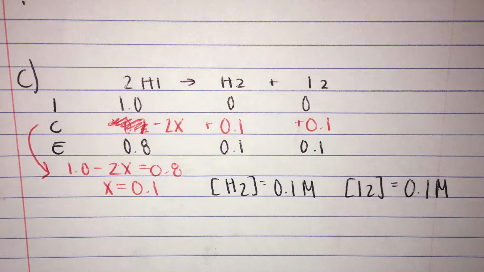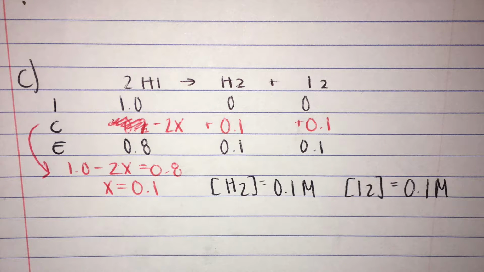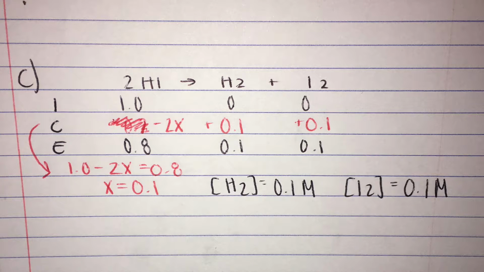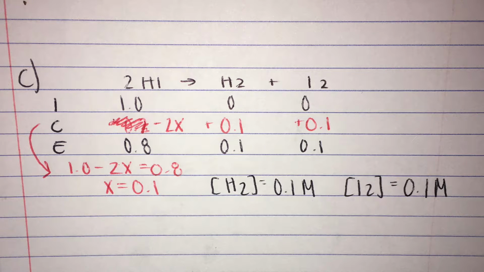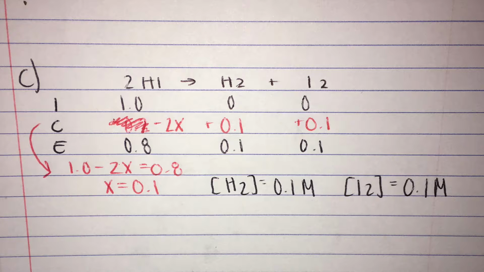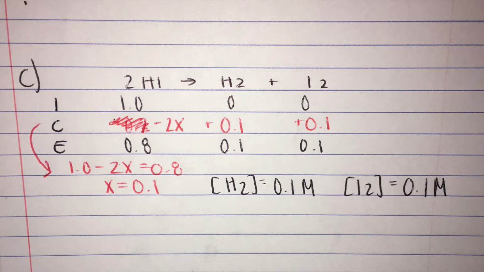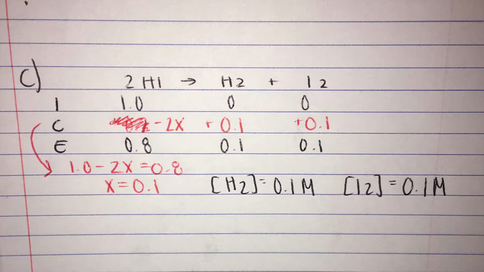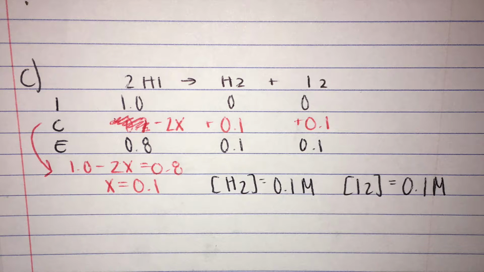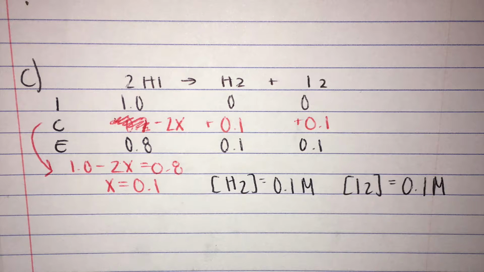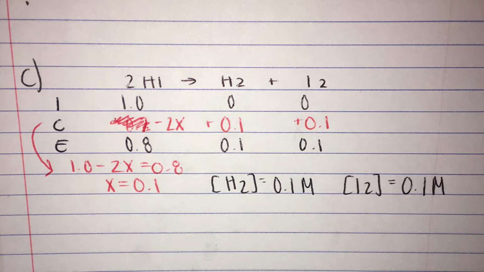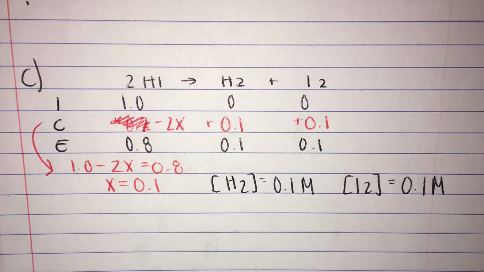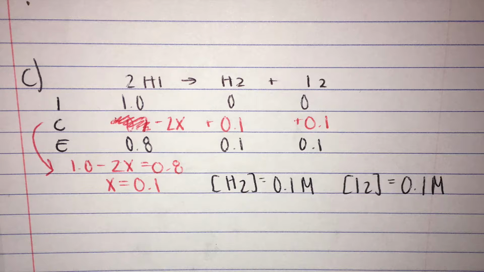Next, we want to find the change. Since there's a coefficient 2 in front of HI in the balanced equation, the concentration decreased by 2x. Since we know the equilibrium concentration of HI, we can solve for x. The initial concentration of 1 minus 2x equals the equilibrium concentration of 0.8, so x equals 0.1.